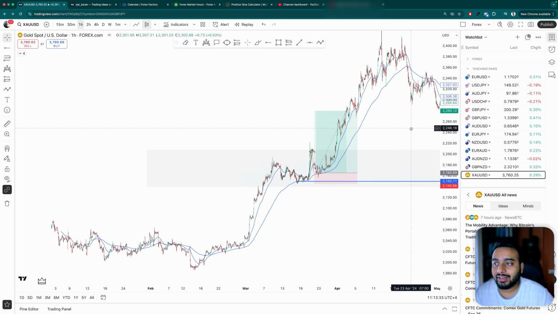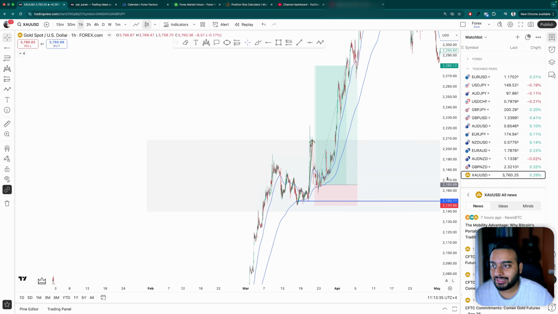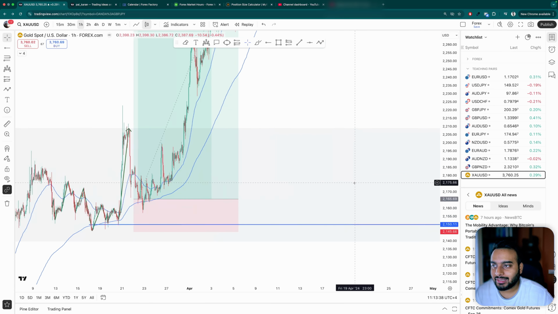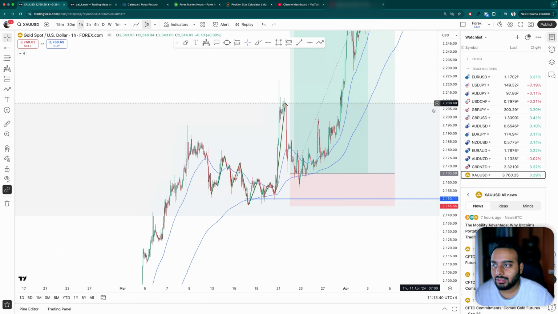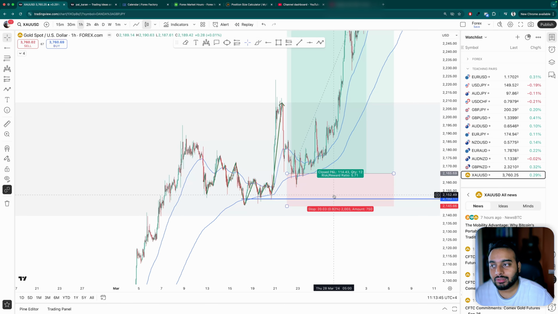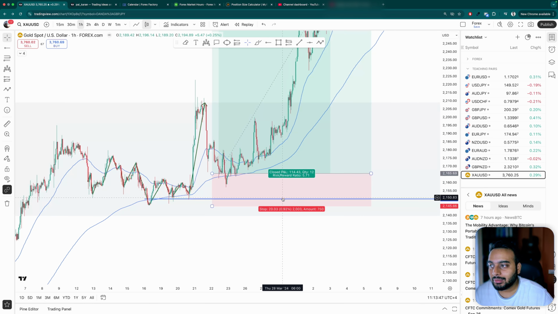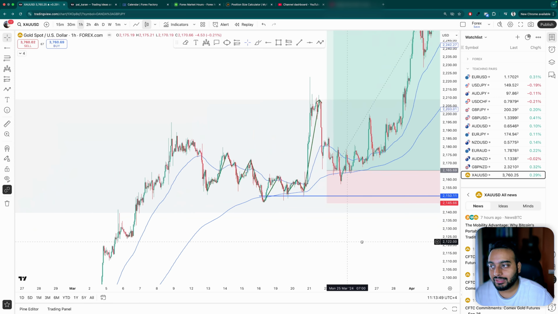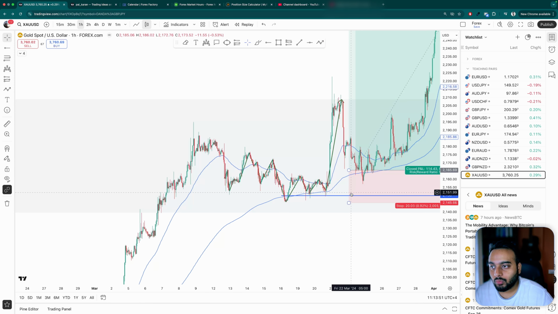You might be wondering, it's easy to see this in history, but to catch trades like this is going to be difficult. But if you have been watching all my videos, you will understand my strategy of these local support zones, 1 hour break of structure and everything has been working on all kinds of trades.